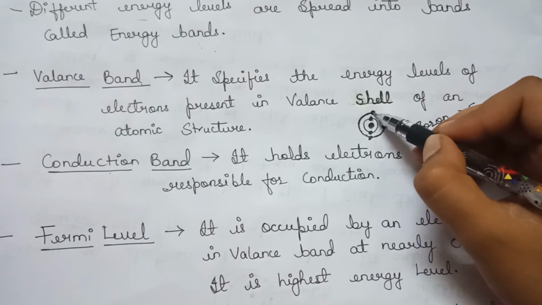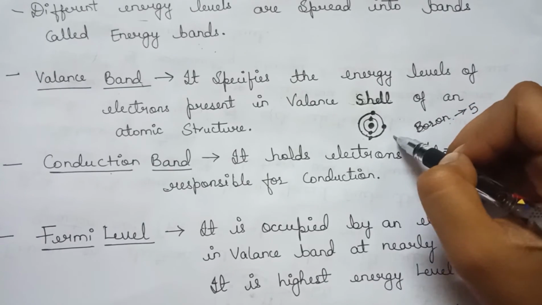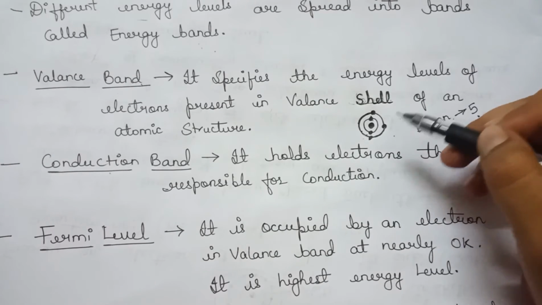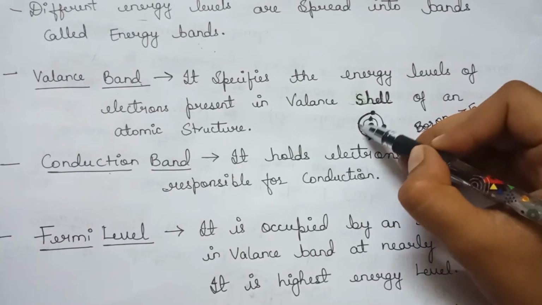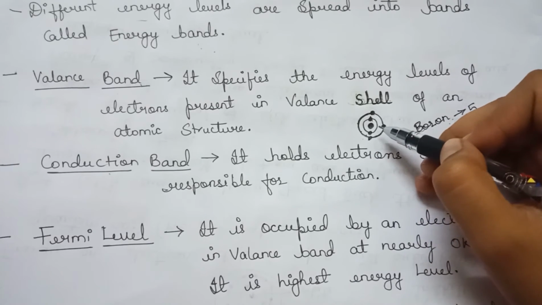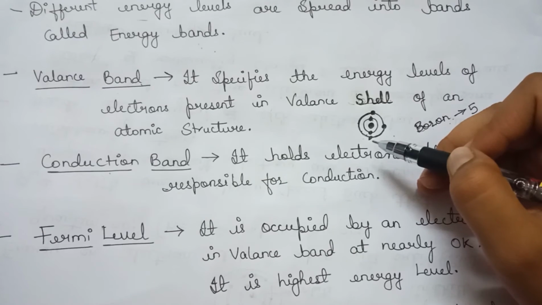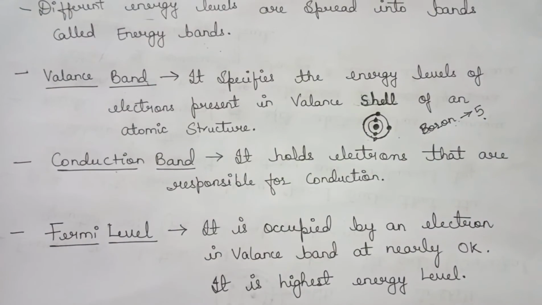So boron will give away these electrons to any other element. The outermost orbit, that is this, is known as the valence shell, and the electrons in the outermost shell that are not filled are known as valence electrons.